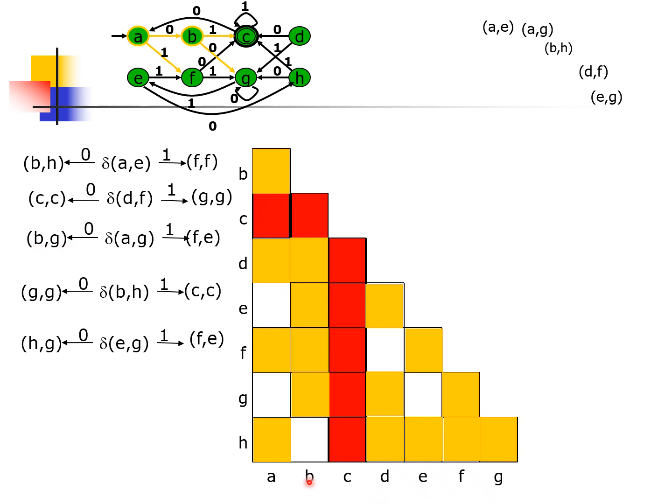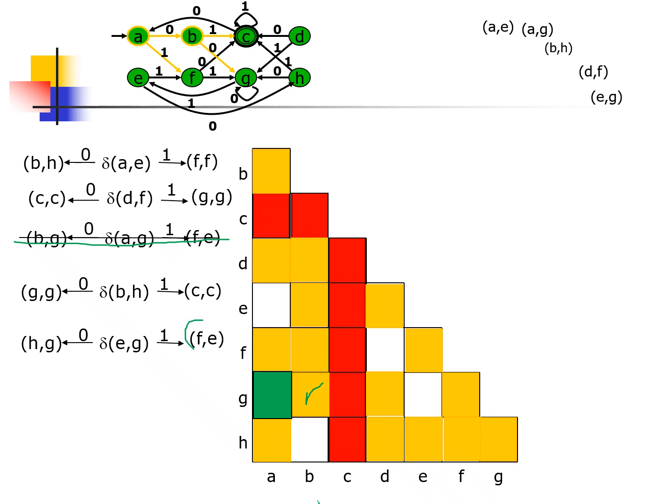BG is already marked. Look at this, I'll show you this in a different color. BG is marked by yellow. Then I have to mark AG. Then you have to mark AG by green color. Then GG, CC is not possible.